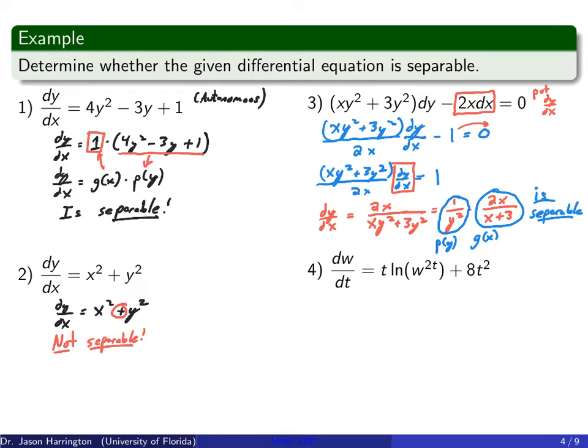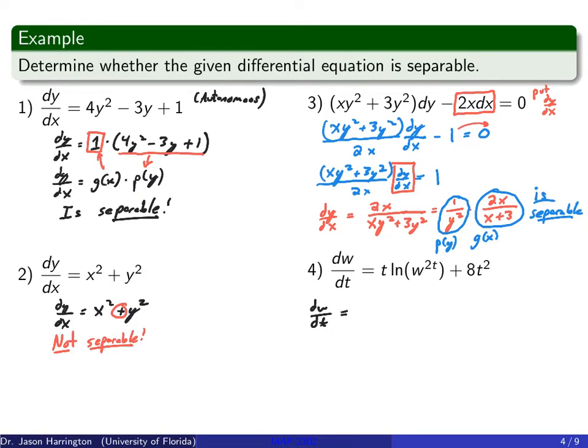Now this last example, number 4, I have dw over dt, so I'm taking the derivative of w with respect to t, and don't forget that w is our dependent variable, and t is our independent variable.